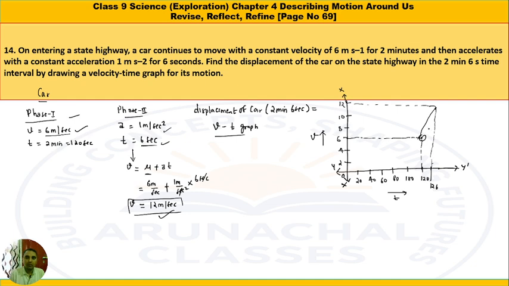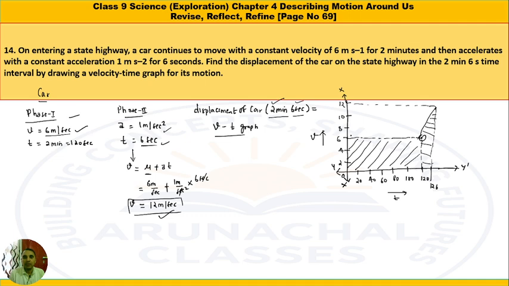So we need to find out the displacement of the car after 2 minutes. So this 120 represents 2 minute, and 6 represents 6 second. So we need to find out the area under the graph. This is the area under the graph. So you have to find the area of this one also.